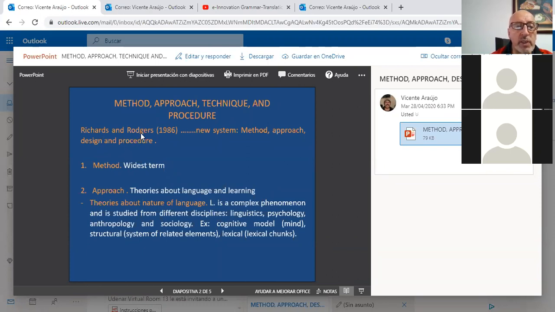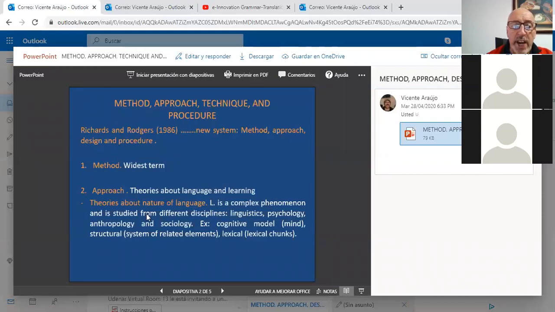Richards and Rogers established that there are some theories about the nature of language. And they start by pointing out that language is a complex phenomenon. Yes, definitely, language is a very complex phenomenon.